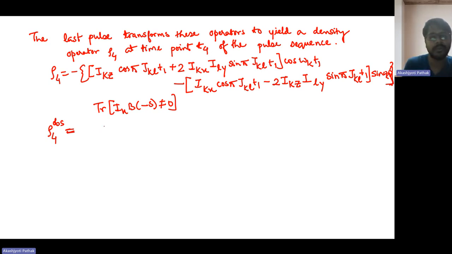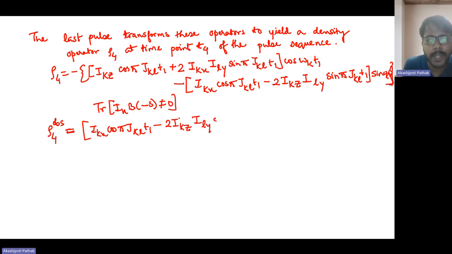So if we only look at these terms, this equation gets reduced to this form: Ikx cos pi jkl t1 minus 2 Ikz Ily sin pi jkl t1 sin omega k t1.